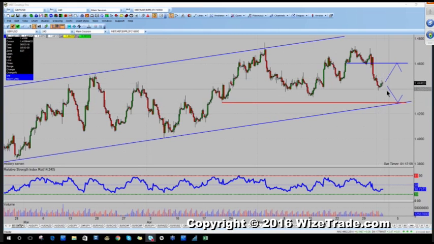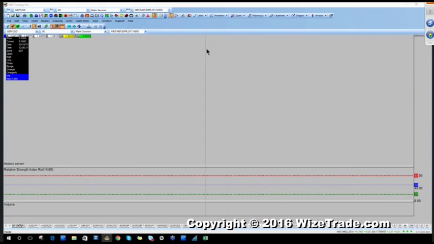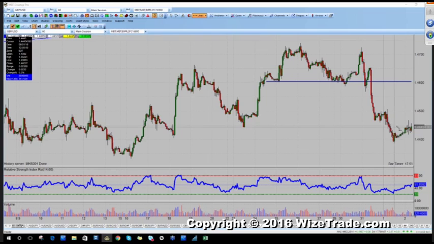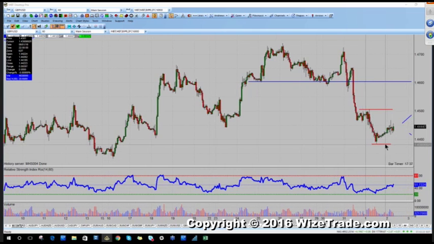I can mark up closer support and resistance levels, like 143.80 and 145.